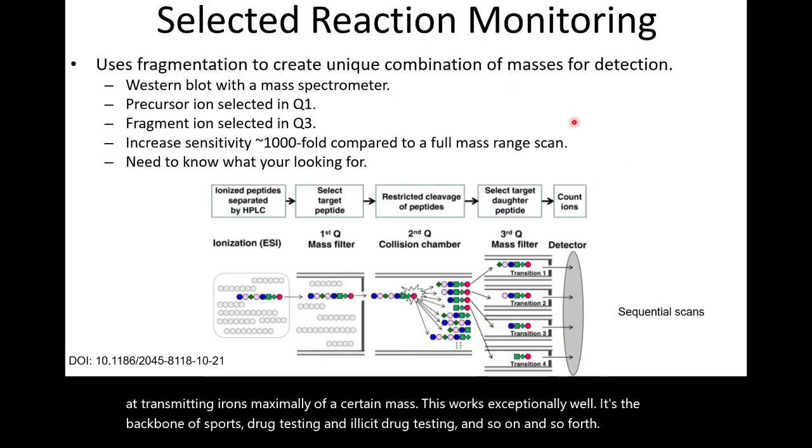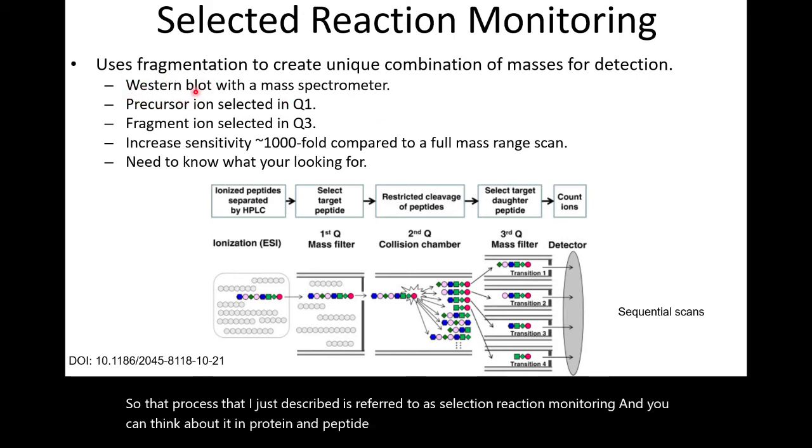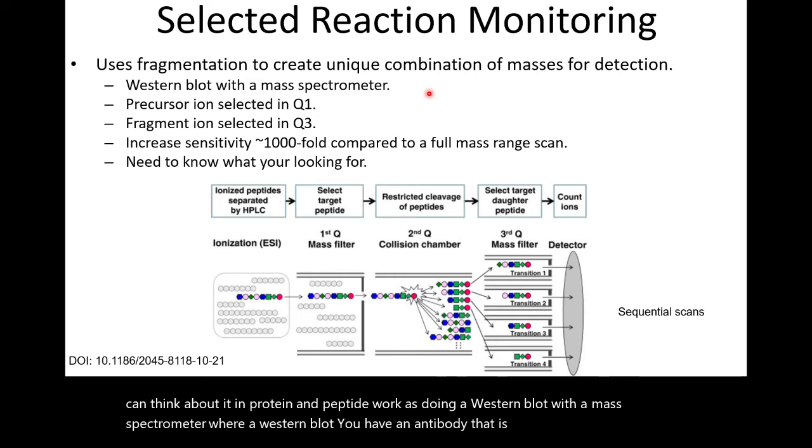That process that I just described is referred to as selected reaction monitoring. You can think about it in protein and peptide work as doing a Western blot with a mass spectrometer, where in a Western blot you have an antibody that is specific for a particular protein.